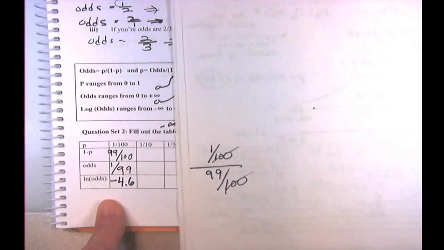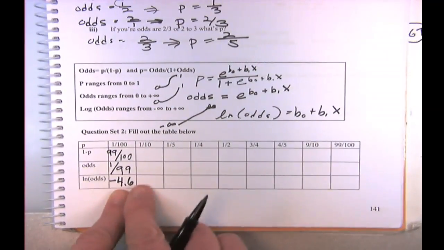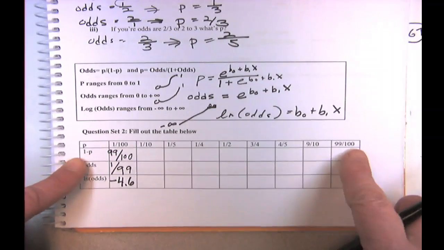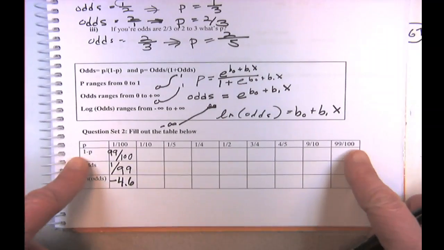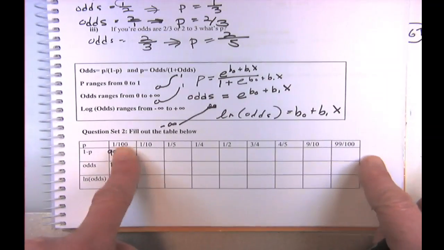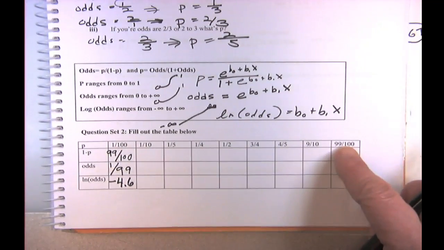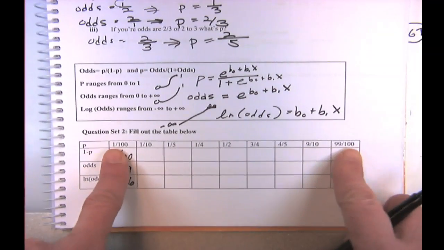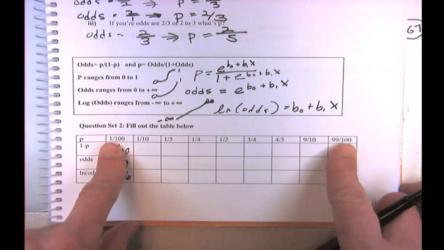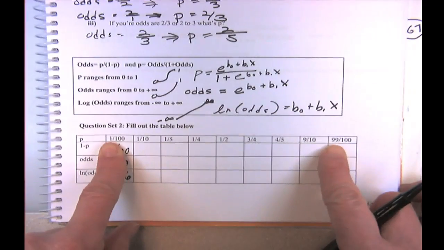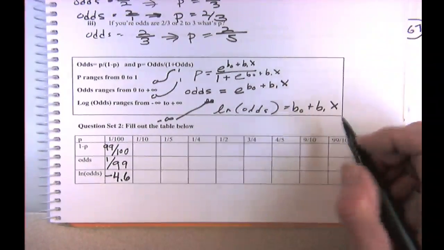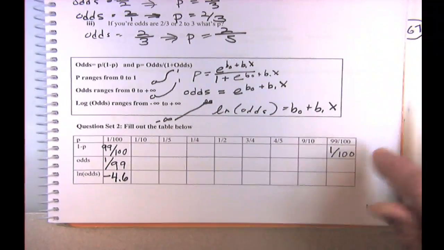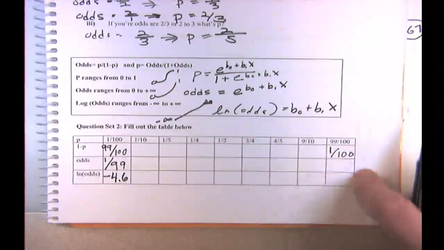Now let's see what happens when we switch p and 1 minus p, which I made symmetrical. So now instead of only 1 out of 100 ways to succeed, let's look at 99 out of 100 ways to succeed. They're totally symmetrical. If there are 99 out of 100 ways to succeed, there's only 1 out of 100 ways to fail. You see how these are just flipped, right?